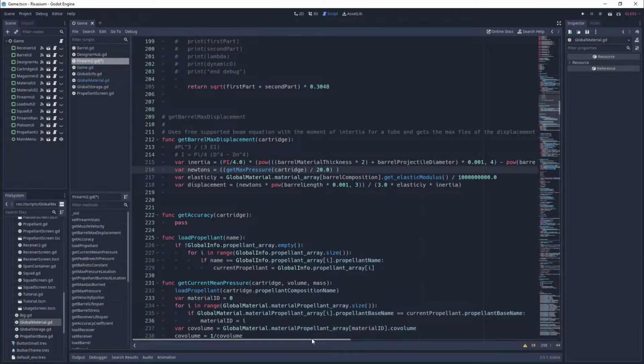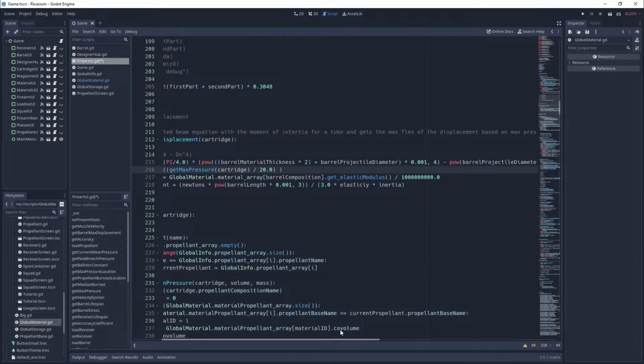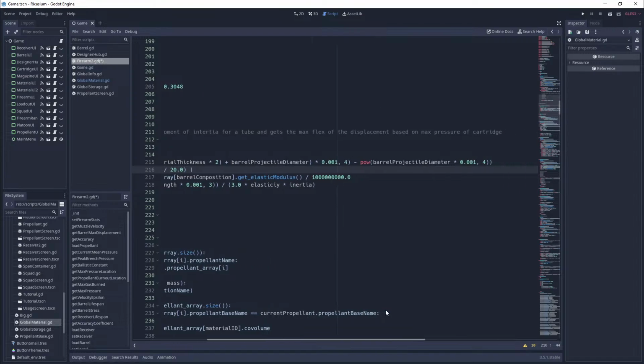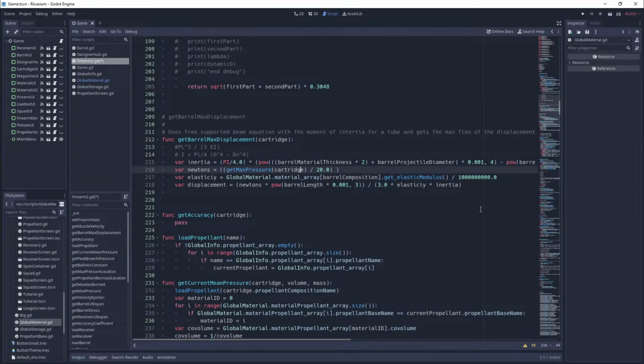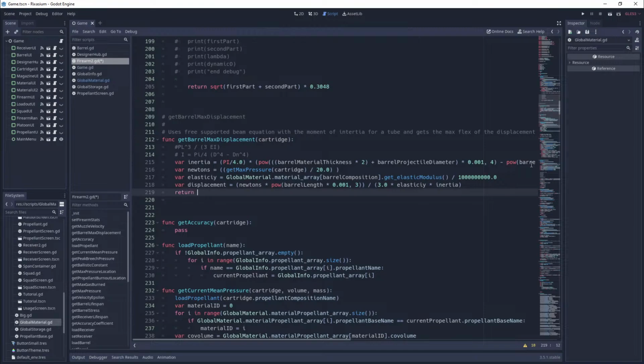I don't know if it's implicitly going to try to do stuff, but just to make sure that nothing tries to break. And then we are going to return the displacement. So this is going to be the end of this particular function.